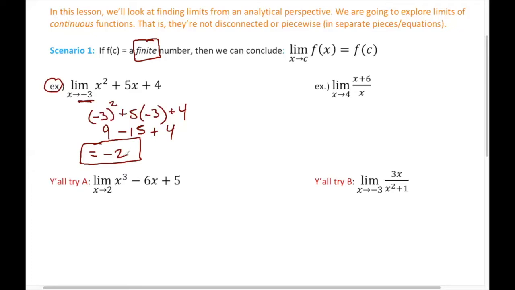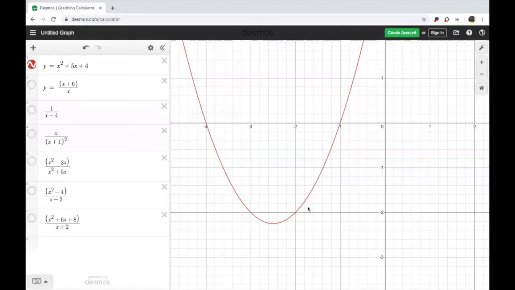Even though this lesson is on an analytic approach, let's take a peek at the graph in Desmos and see if we can confirm that as x approaches -3, you do approach a y value of -2. Here you can see our function. It's a parabola.